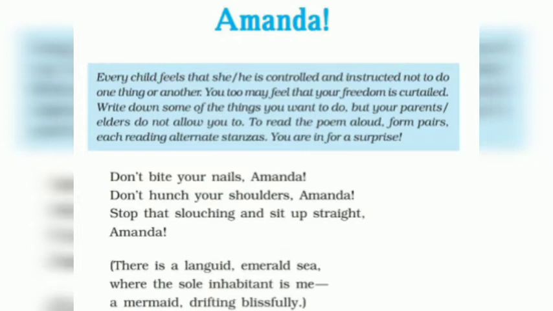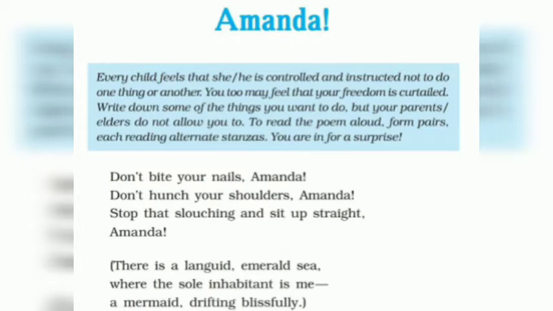Next poetic device is metaphor. Metaphor is when two quite different things are compared or treated as if they are the same. For example, he is a lion, time is money, water is life. So, whenever two quite different things are compared and treated as if they are the same, it is metaphor.